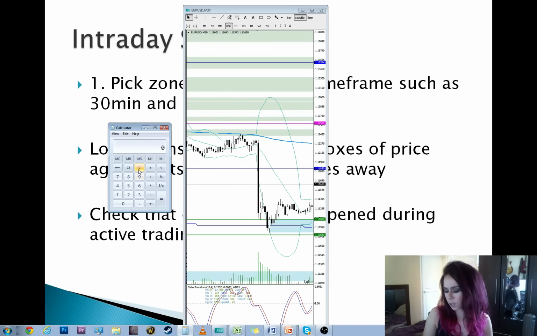Now, I don't generally go 1.11080 minus 1.110. That's just a waste of time, right? I'm only taking up to the fourth decimal point, and I'm disregarding the whole number because we're going to be in 1.1 territory for quite a long time. So you just disregard that and you go 1108.